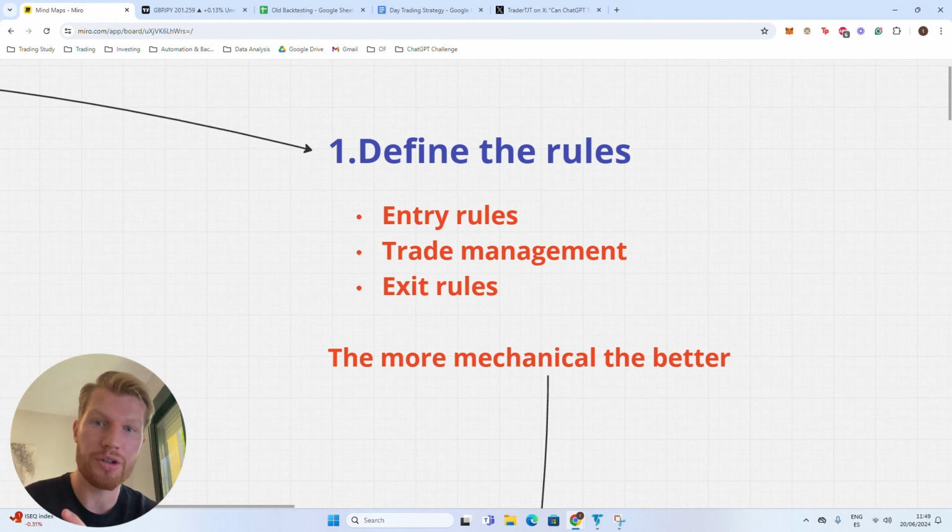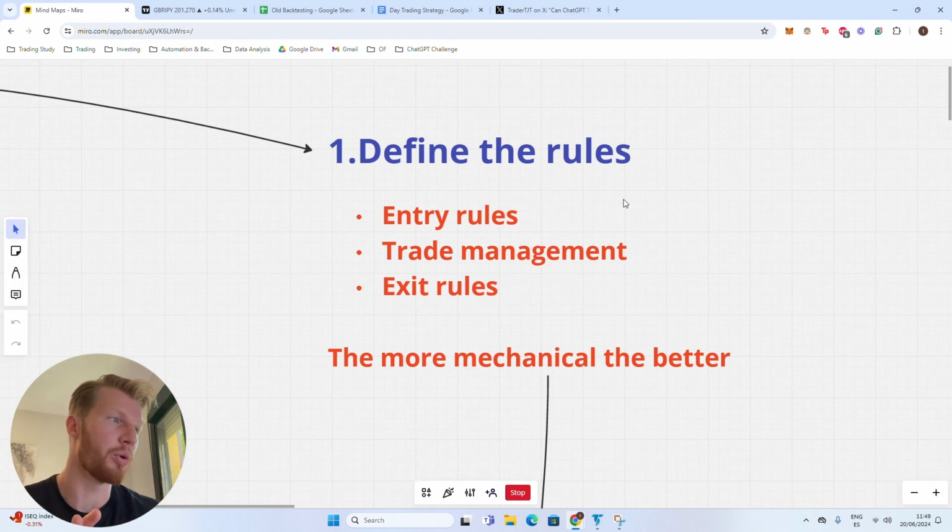And the more mechanical it is, the more realistic, the more fair, the more accurate it's going to be to reality. So that's why when I'm doing a backtest, I make it as mechanical as possible. Try to remove all discretion. It's so important. And even if you don't necessarily want to trade fully mechanically, which is fine, you can trade with discretion. But in the backtesting process, you need to make it as mechanical as possible, because that allows for actual results that are meaningful, right?